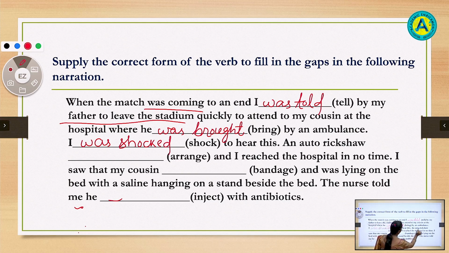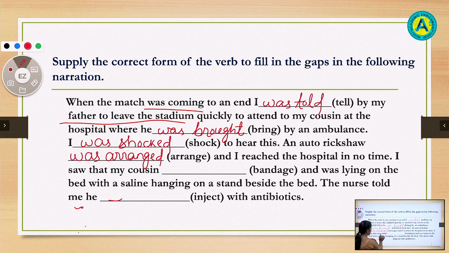Then an auto rickshaw dash arranged and I reached the hospital in no time. Who can say the correct verb form of arrange here? Very good. An auto rickshaw was arranged and I reached the hospital in no time.